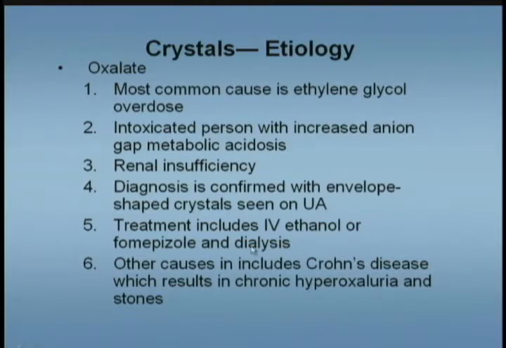Why does Crohn's disease cause high oxalate? Well, what effect does Crohn's have on fat absorption? Crohn's disease results in fat malabsorption. Normally, calcium and oxalate go out in the stool together.